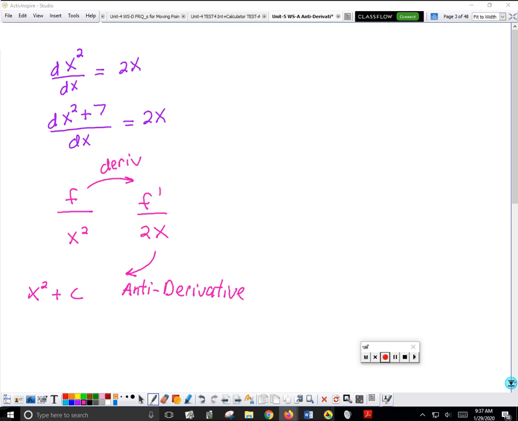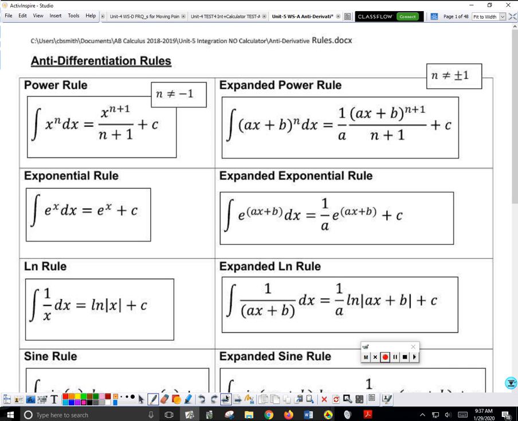So if the formula you're trying to find the antiderivative of isn't x to the n, you cannot use the rule. I can't look at my rule sheet and say, this says x to the n. If I have x squared, great, it works. If I have sine squared, it doesn't work. On the green sheet, you can still get it to work because it's g of x squared, and g of x could be sine.